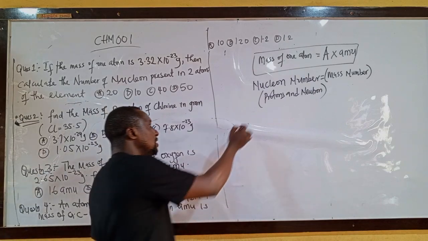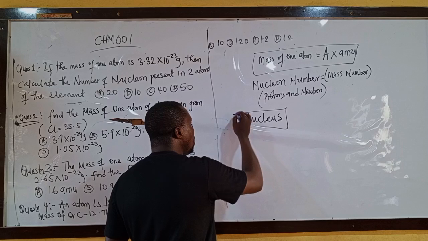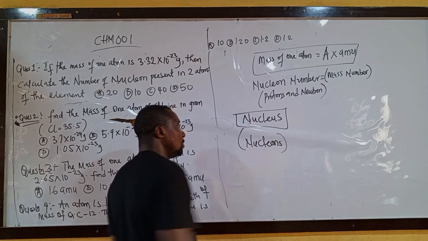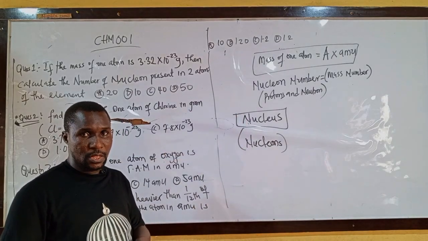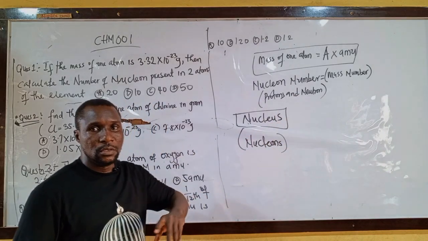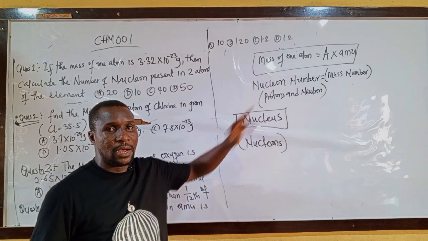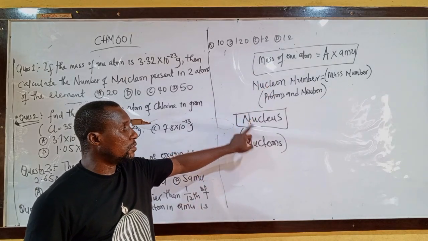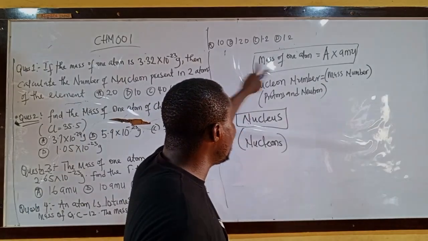The particles inside the nucleus are known as nucleons, and nucleons are protons and neutrons. The number of protons and neutrons together is known as the nucleon number. Take note of that.